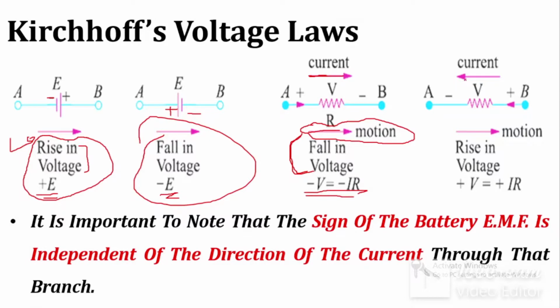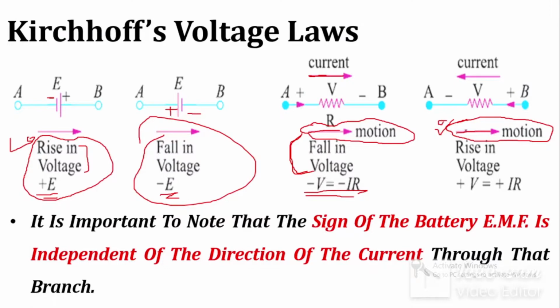Now consider this case. The actual current is in a different direction from the reference, but we have to keep our reference direction equation-wise. If we write the equation of Kirchhoff's voltage law, then we always have to go by the reference direction.